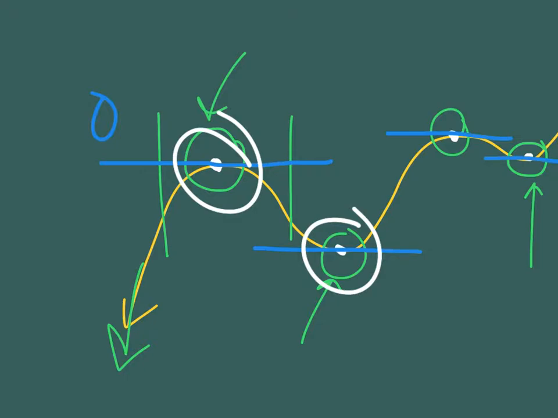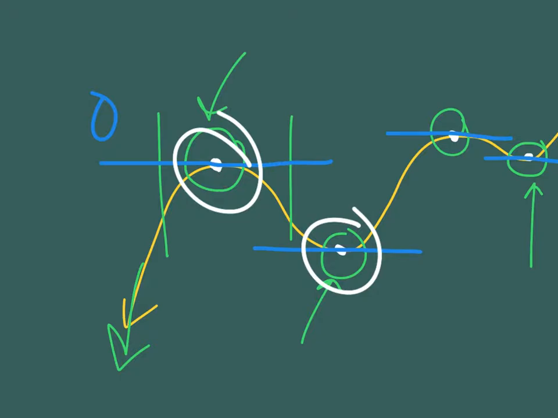For instance, this point has an x and y, so the maximum value will be the y value of this point. The x will only help us determine that maximum value. So there are critical values, critical points, and then finally we have the maximum or the minimum value.